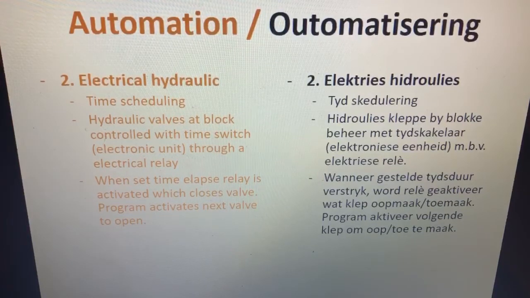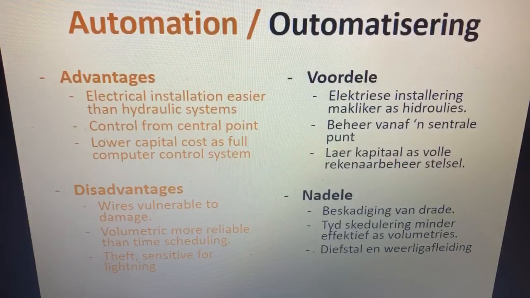Where it was based on volume for mechanical, now it's based on a certain amount of time before you move on to the next block. When that set time has elapsed, a relay is activated, which closes the valve, and the program activates the next valve to open.